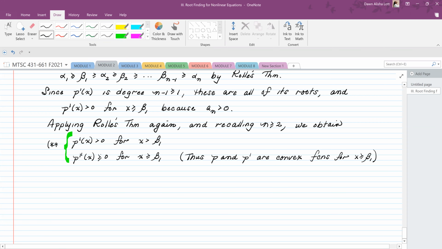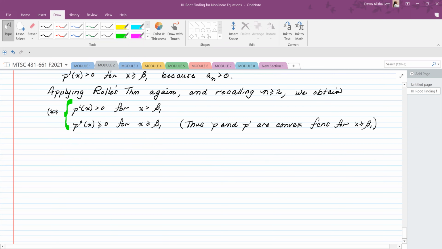Okay, so now let's get into actually using Newton's method. All right, so now we have this.